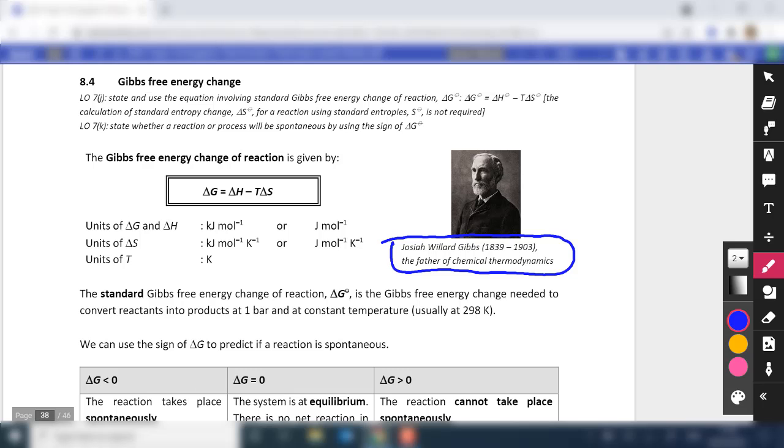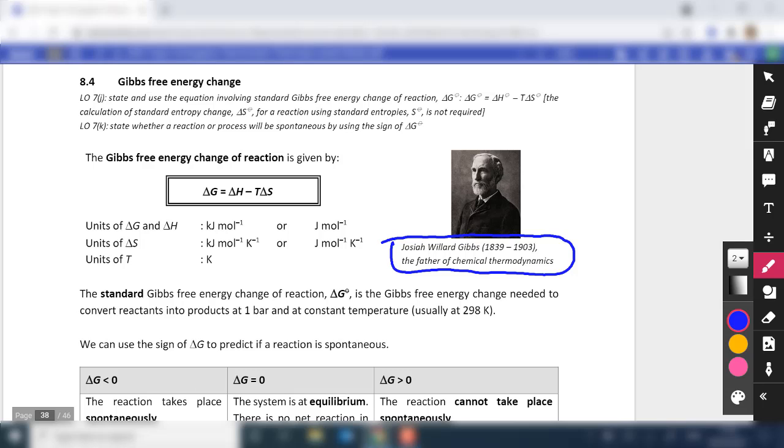I'll leave it to you to read the historical origin. But why is it minus T delta S? It's not a very easy question to answer because you need to perform a series of integration, etc. So we will not go into further details, it's not within the scope of this syllabus.